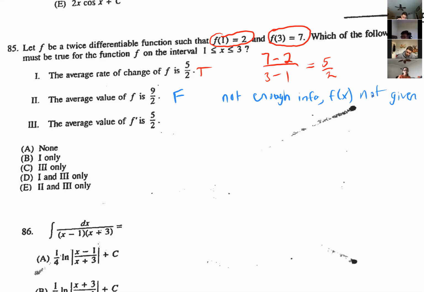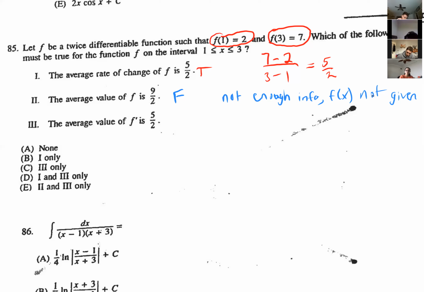Okay, so then for 3, we're taking the average value of the derivative. So this is actually going to be the same as the average rate of change. I think we had a problem like this first semester. Like I think it was one problem out of the textbook that you had to make this connection.